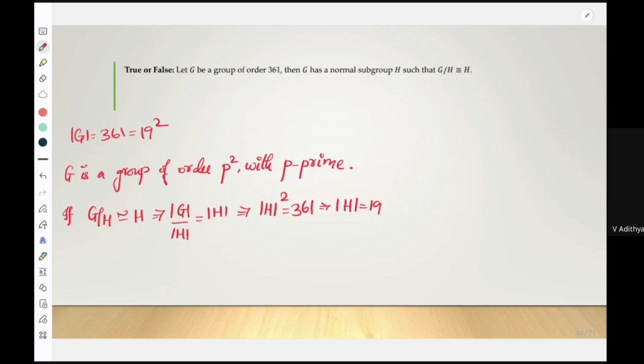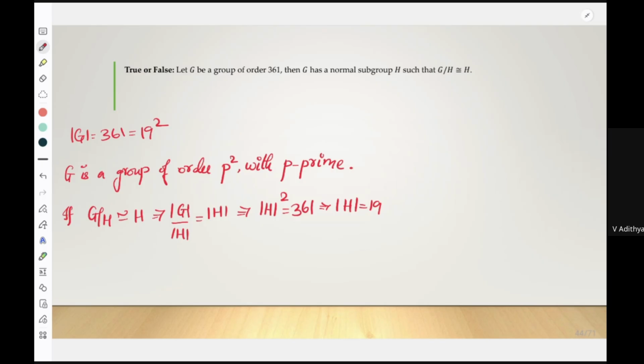So H has to be a subgroup of order 19. So now we obviously know G has a subgroup of order 19. Yeah, that's always true.